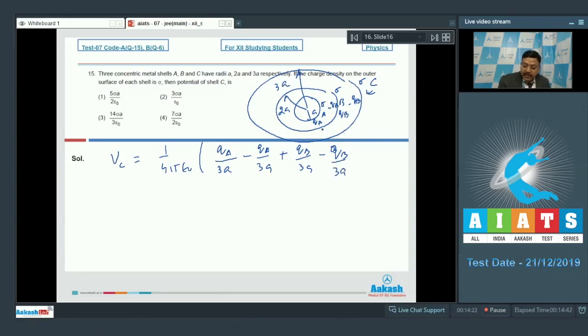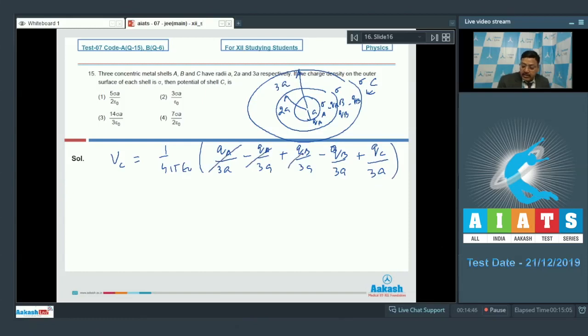So effectively, all these layers of charges, the effect is cancelled as far as electric potential is concerned on the outermost shell. And finally, we have charge on the outer surface of C, which will be equal to, let's say, QC, divided by 3A.